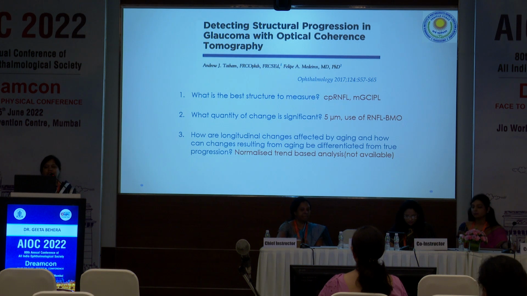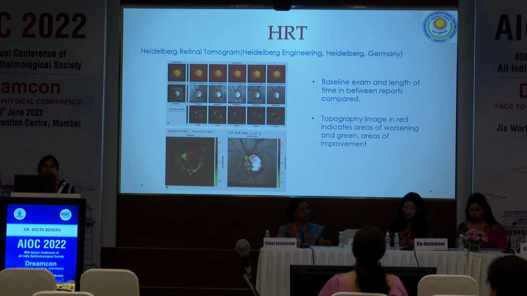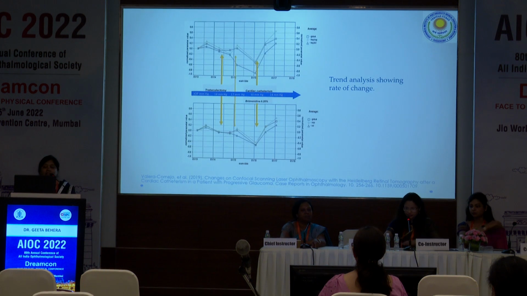So what is the future, what is going to come up? I will be very briefly touching upon the HRT and NFL because there is comparatively less data on the progression analysis, and the HRT was extensively covered by Dr. Shikha. So she showed you these maps, the baseline exam and the subsequent examinations, and the trend analysis showing rate of change.